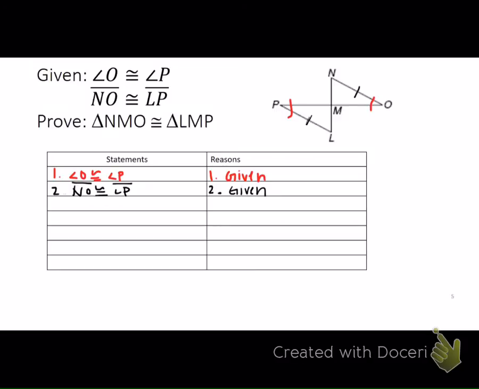So what is another piece of information that I know in this proof, Abby? They are vertical angles, so she used vertical angles to continue on. So we have angle PML congruent to angle OMN.